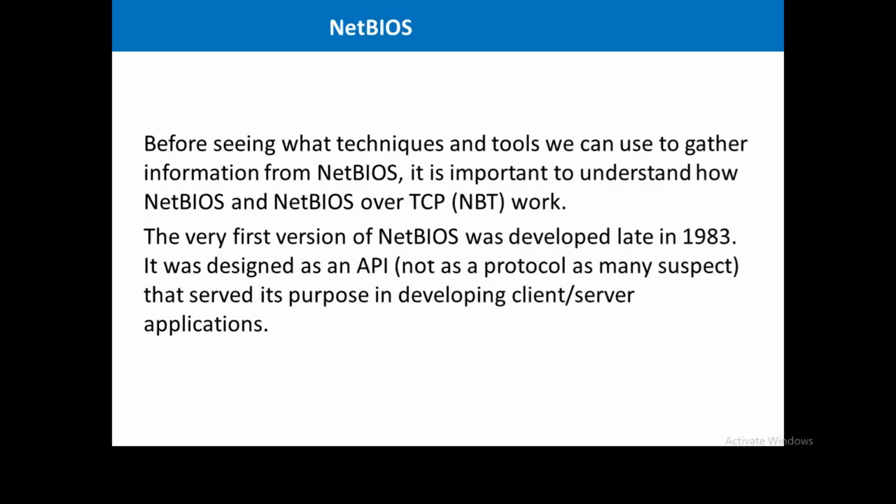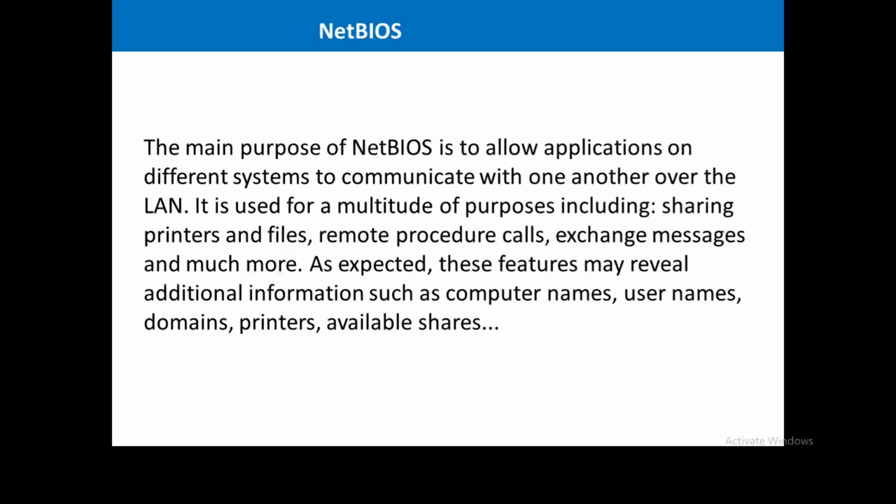Before seeing what techniques and tools we can use to gather information from NetBIOS, it's important to understand how NetBIOS and NetBIOS over TCP, or NBT, work. The very first version of NetBIOS was developed in 1983. It was designed as an API, not as a protocol, as many suspect, that served the purpose of developing client-server applications.